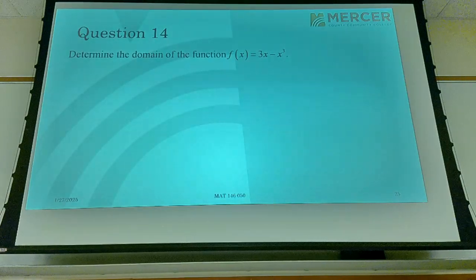So typically, what I'll do is look at the function and ask, am I going to have any restrictions to worry about? Do we have a denominator? No. Do we have a radical? No. We're done.